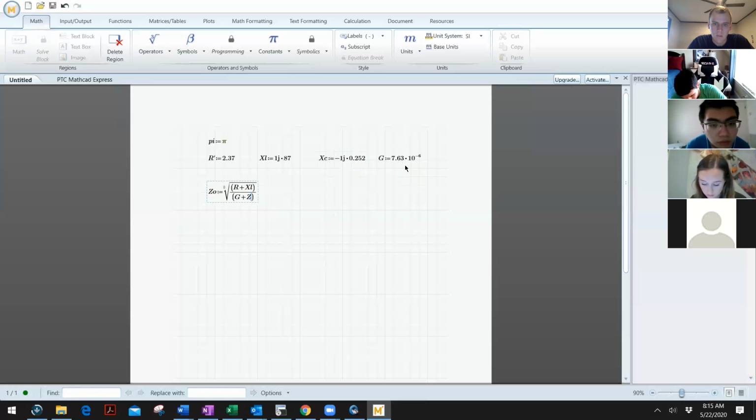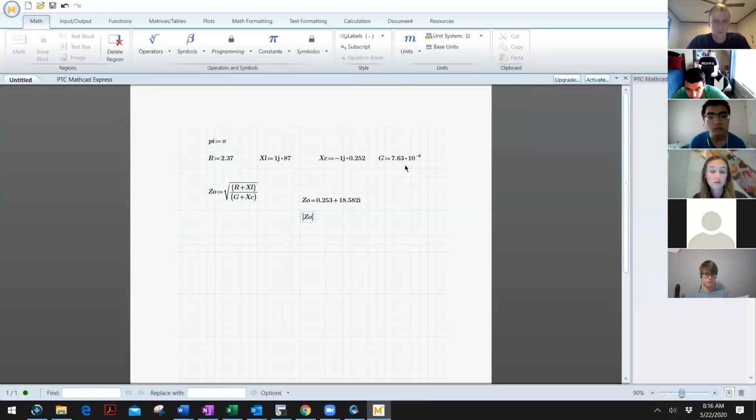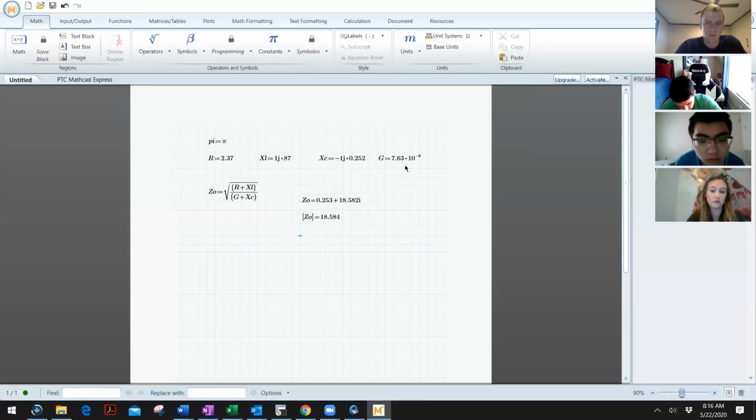And again, I didn't put the j omega L's in there, I just did. Now I'm going to have to go up here and change the R prime. I got rid of the primes because they're just irritating. Now this is going to be the magnitude of that. Or sorry, that's real and imaginary. If I want magnitude, it's just the magnitude bracket. That's that. And if I want the angle, it's argument of Z.